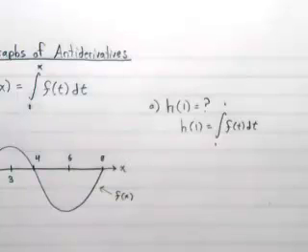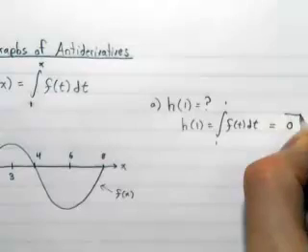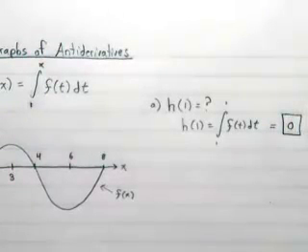And any integral where the bottom limit and the upper limit are exactly the same thing gives you 0. Okay? Now, it's 0 because of that.